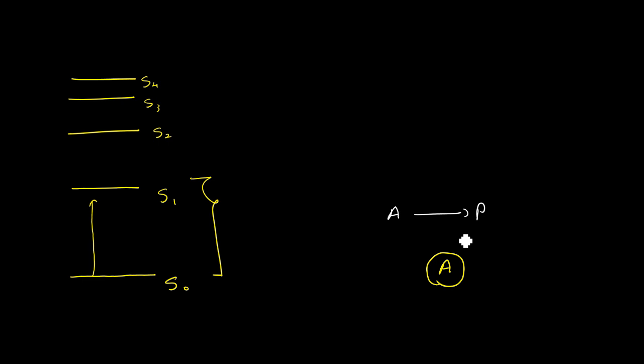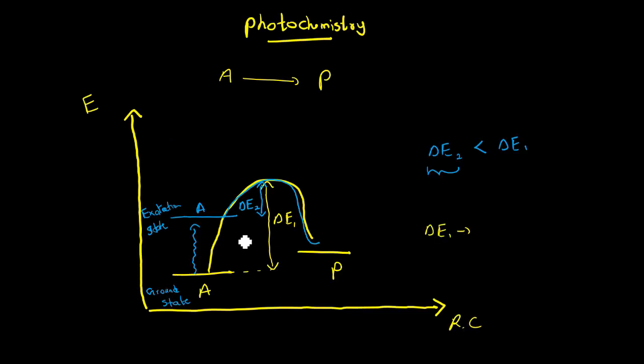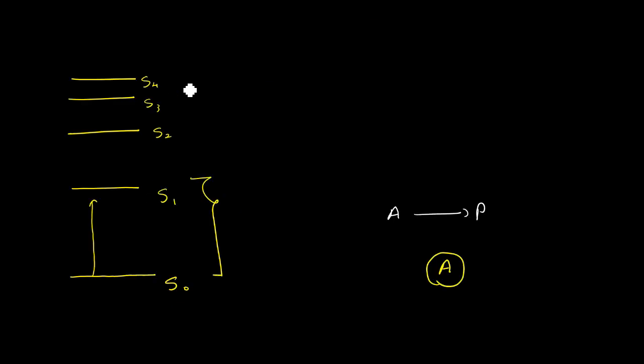Now we know from our previous knowledge that excitation helps us go more easily through this activation barrier. The more excited you are, the easier it is to surpass this energy barrier. But the thing is, when a molecule is excited into a high energy state, let's say up to this energy state S3, this is a much higher energy state, so it is much more unstable.